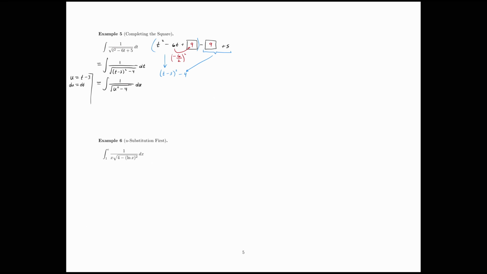Okay. Now that we have that taken care of, we can do the trig sub. So for the trig sub, we'll let u equal 2 secant theta. Du is 2 secant theta tangent theta d theta. And we can go ahead and plug that in.